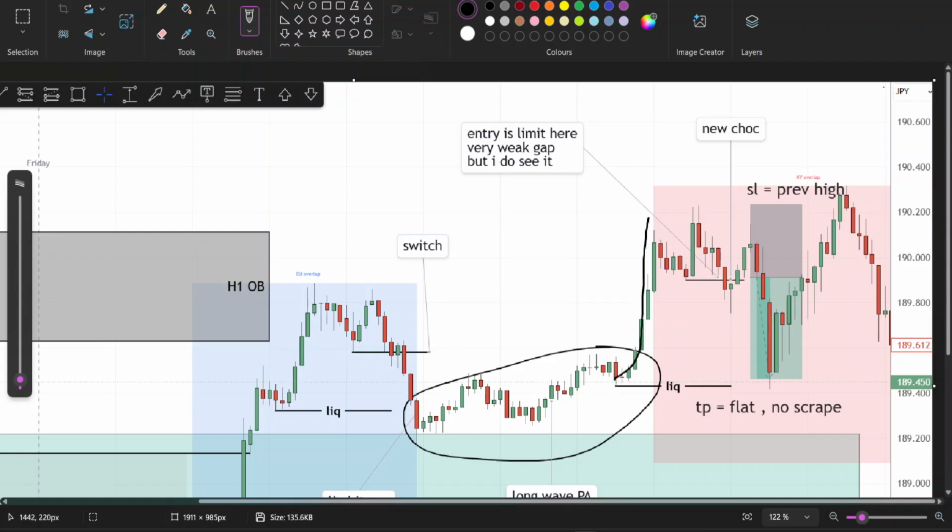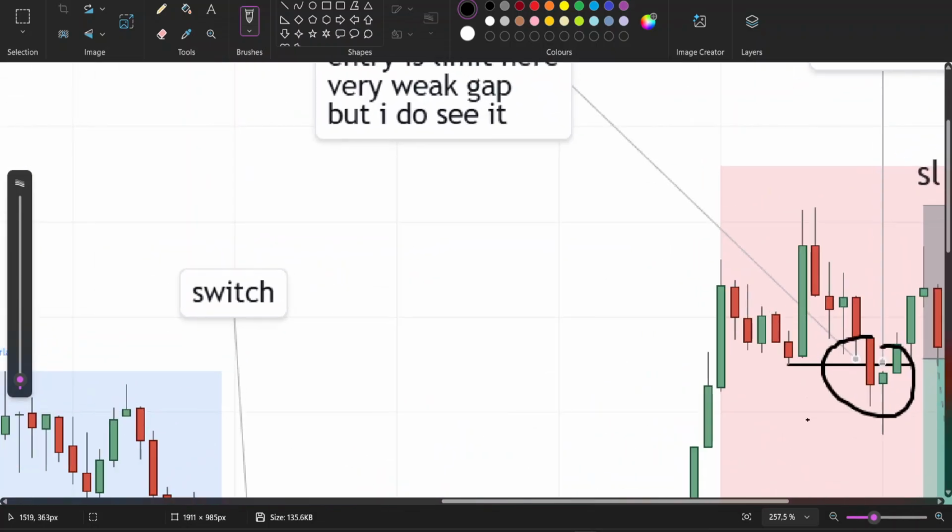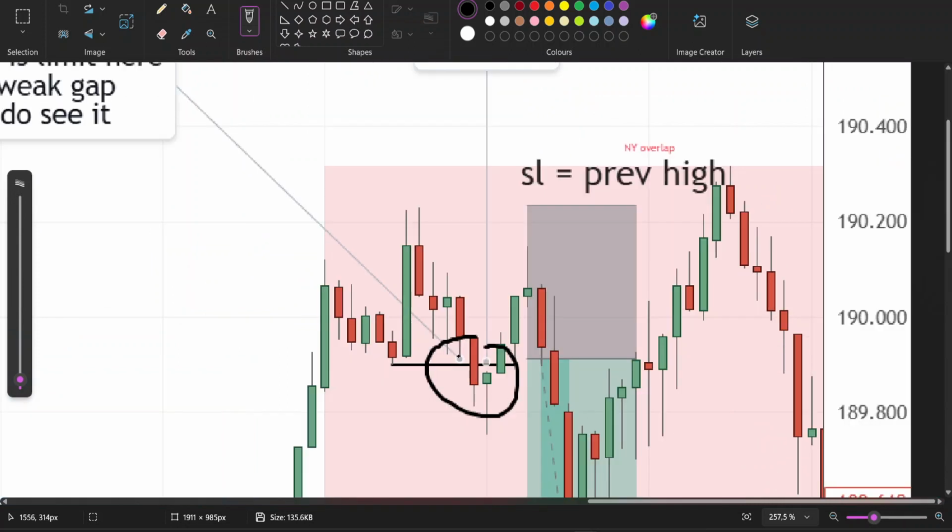So what do we have? We go up, down, we break here. Yes, this high is higher, right? So here we change the direction. You see the high, this, we change the direction to down. There is a small gap here that I see, and there's no other gaps, and this is the first.